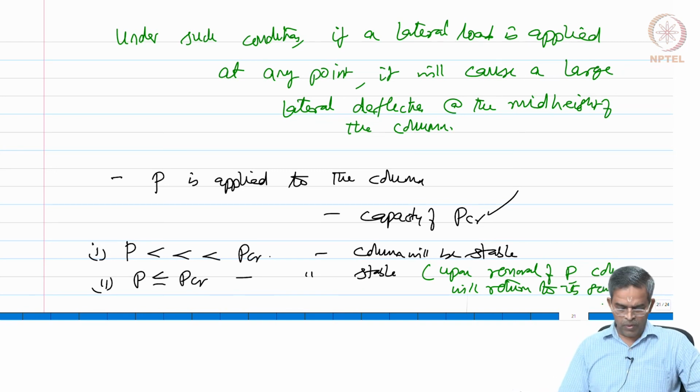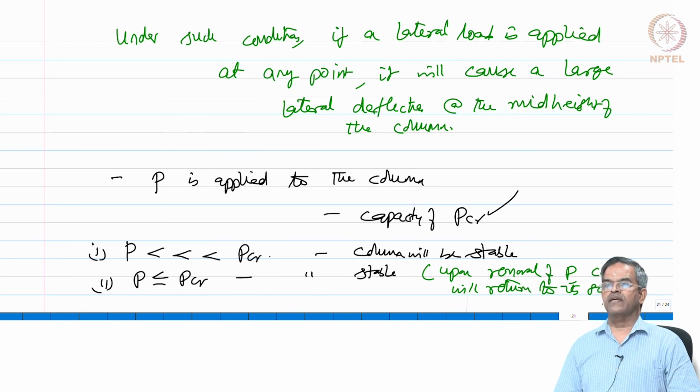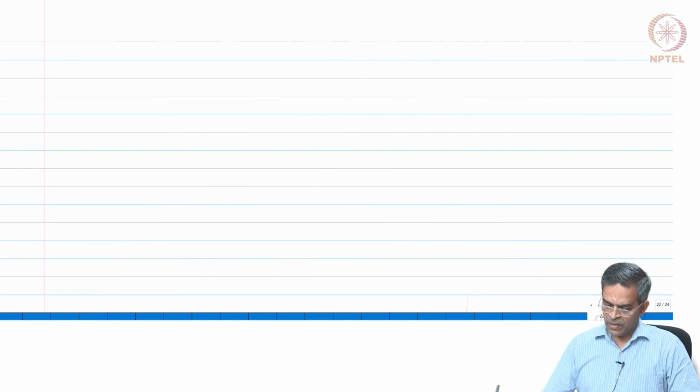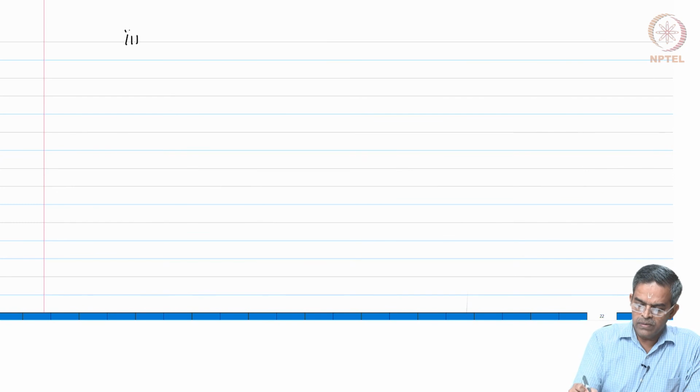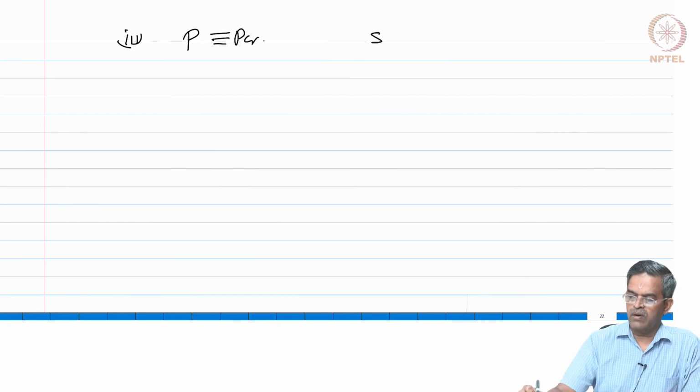That is very important. That is the condition we are assessing. If you continue to increase the load beyond this, imagine P has reached PCR, column is still stable, no worry.